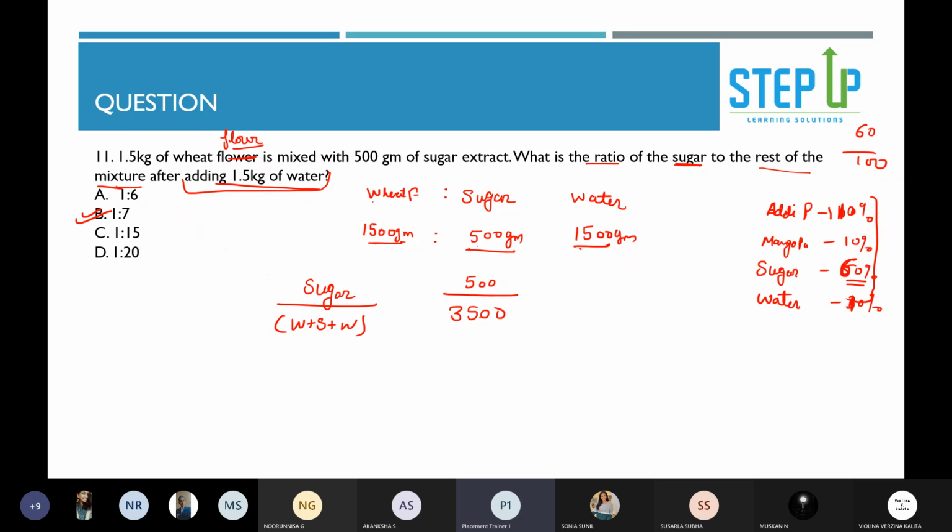Did you understand? Yes, ma'am. Was it difficult? Tell me where you are facing challenges so that we can solve that. The motto of this class is that at the end, you should be able to solve it. We should reach that stage.